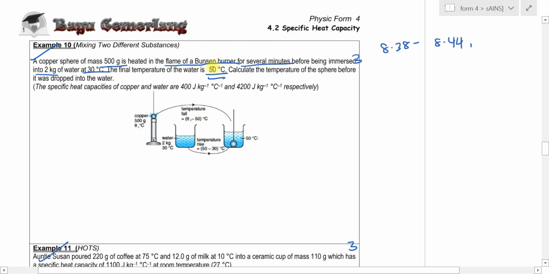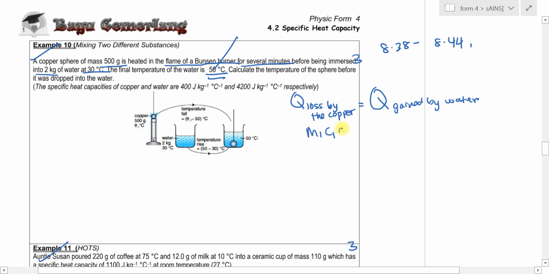The final temperature is already given. Calculate the temperature of the sphere before it was dropped. Okay. Never mind what they ask. If you understand the concept, you must know. The heat energy lost by the copper is equal to the heat energy gained or absorbed by water.